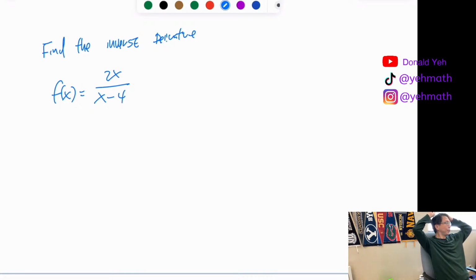If you're from Cooper, more likely you know how to find an inverse function. If you're from Ollie, then it should be the other way around.